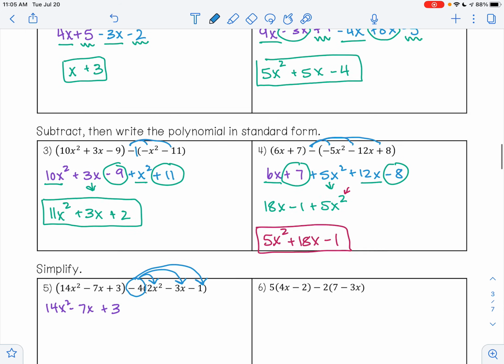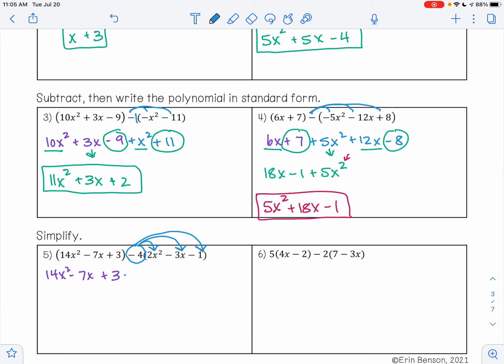Negative 4 times 2x squared is negative 8x squared. Negative 4 times negative 3x is positive 12x. And negative 4 times negative 1 is positive 4. From here, I'm going to go ahead and combine like terms. 14x squared minus 8x squared is 6x squared.